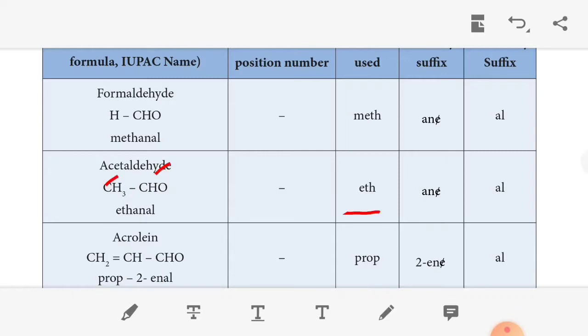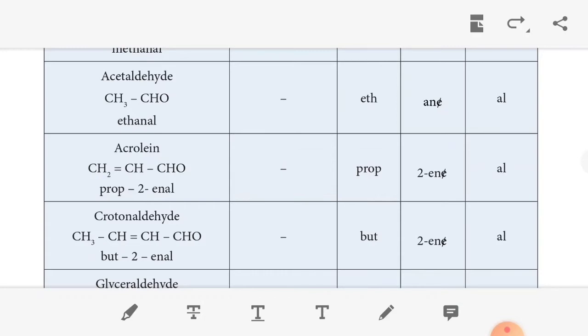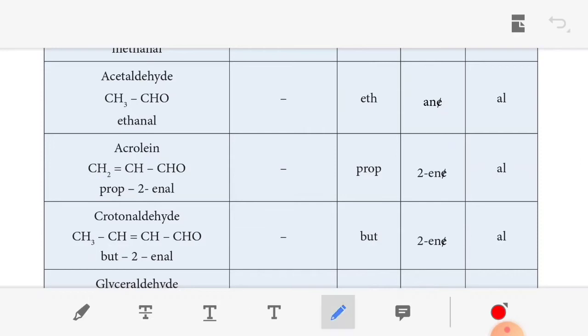Okay. Then the third one, CH2 double bond CH single bond CHO. There is no position number at the start. How many carbons here? 1, 2, 3. Three carbons means 'prop'. Then there is a double bond, so you write 'ene', the second carbon containing the double bond, so 2-ene. Then the E can be dropped and you add 'al'.